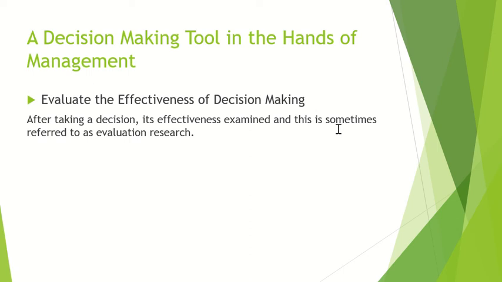Class, let's suppose your company is currently facing the problem of low profitability. Okay, and company management is trying to identify the reasons of low profitability. So here identifying the reason is the first step.